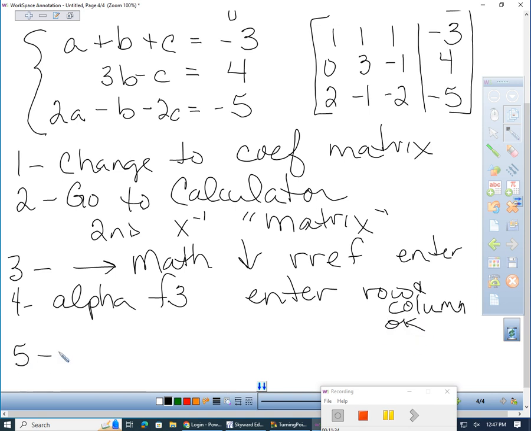Step 5. Push your little scroll thingy up and down. Push up. Go up.